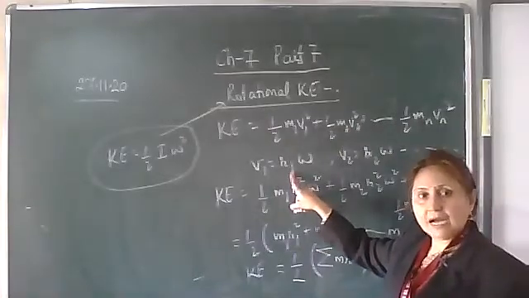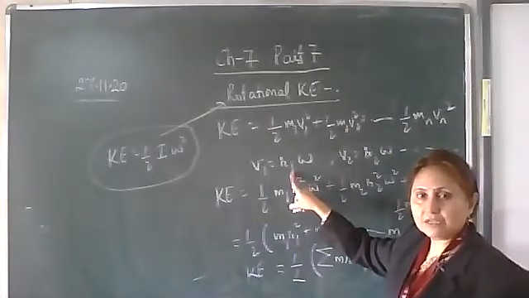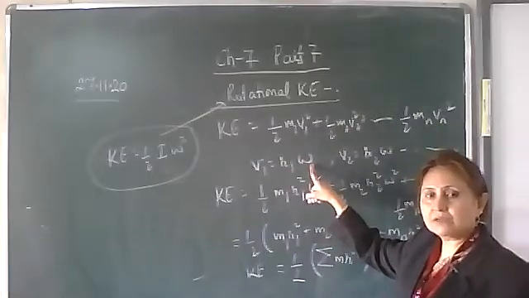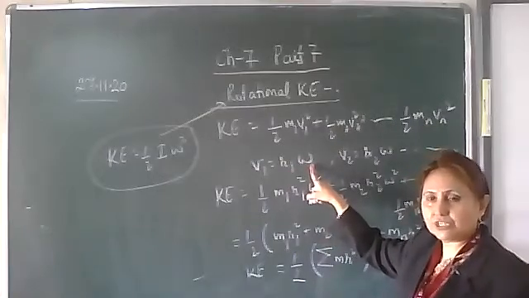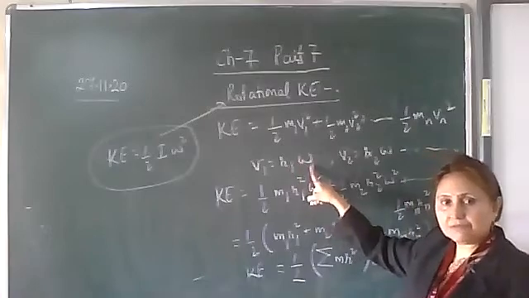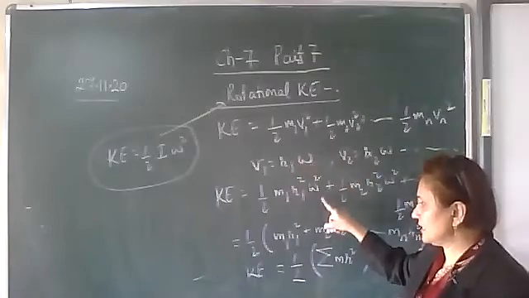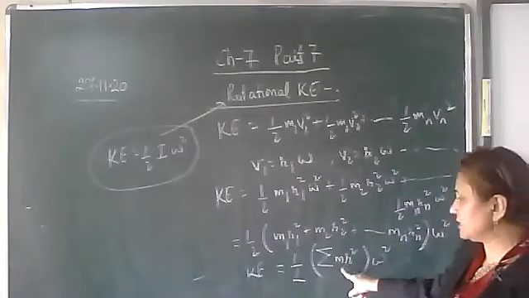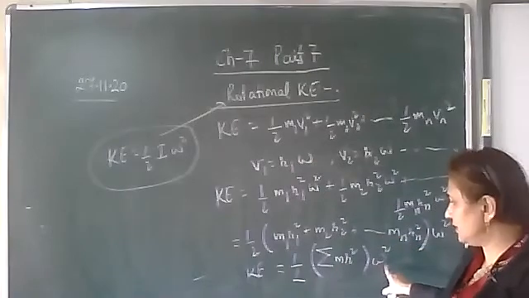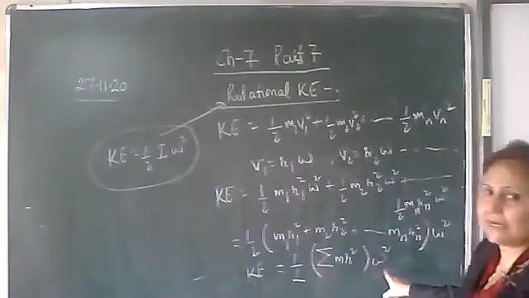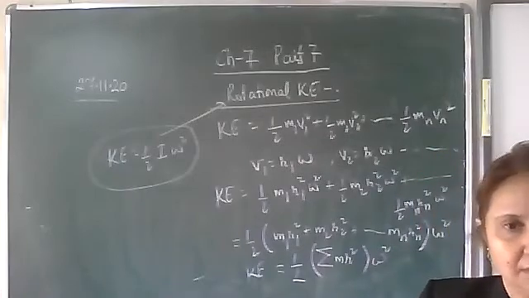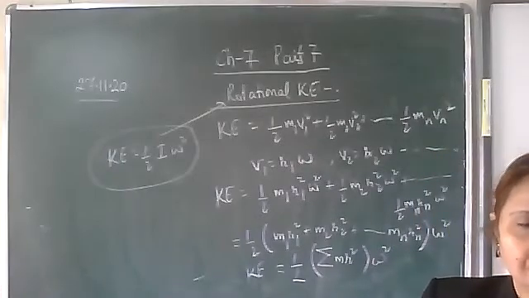As all these particles are rotating about the fixed axis, the linear velocity is converted in terms of angular velocity and substituted here. This is summation of mr square, which we know is the moment of inertia. Hence, the rotational kinetic energy is half I into omega square.